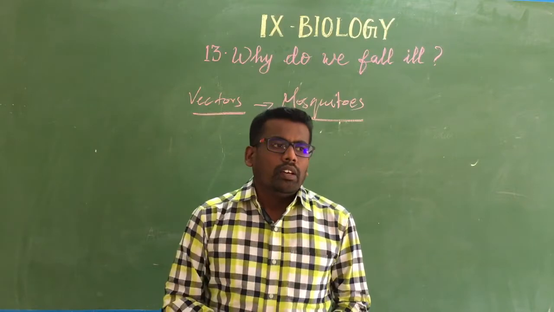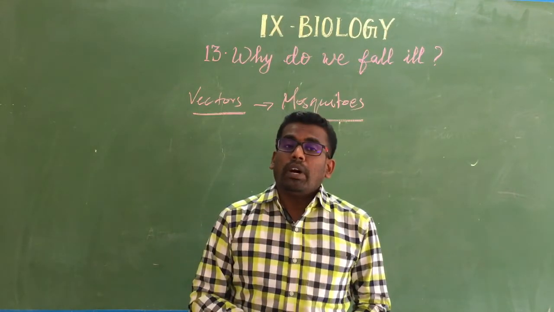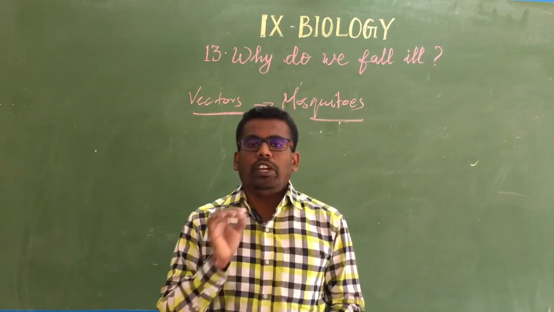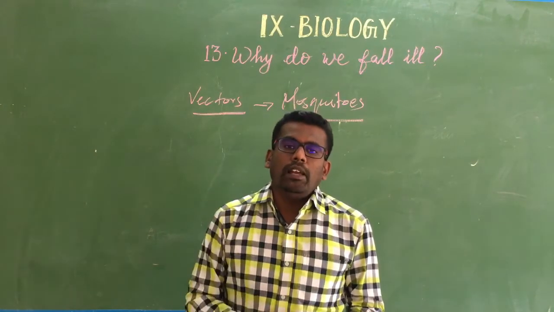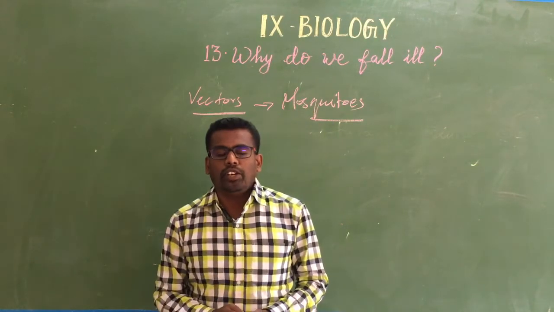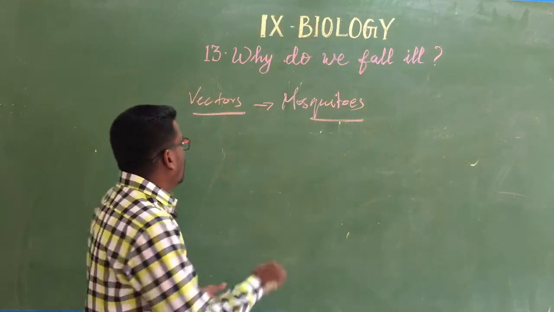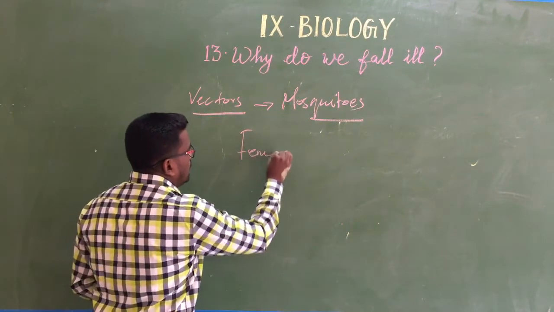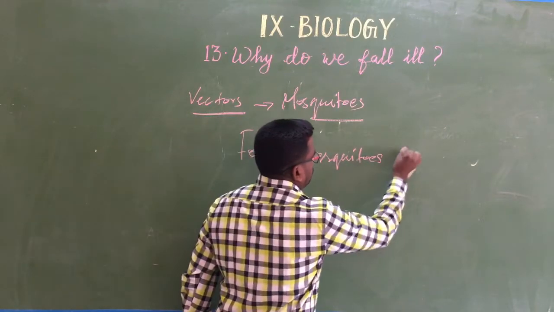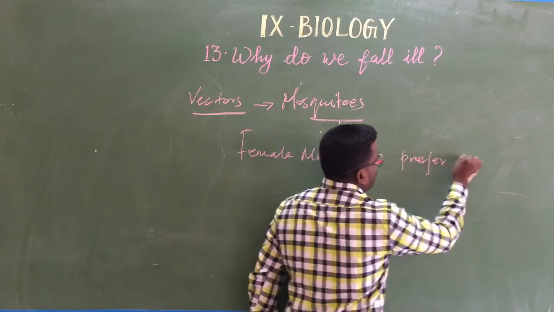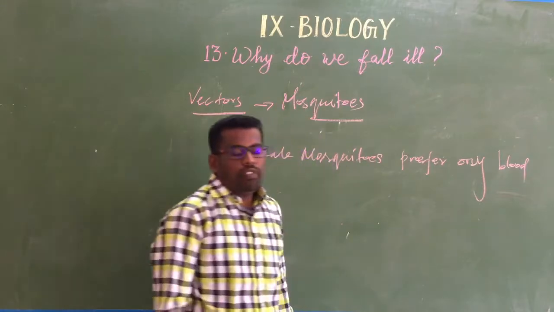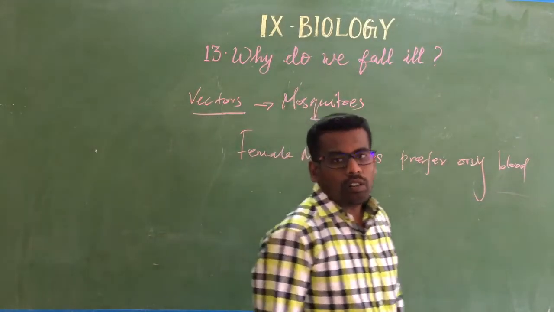In the night time, you see the mosquito disturbance is more. These are female mosquitoes. The female mosquitoes prefer only blood. Why do only the female mosquitoes need blood, not the male?